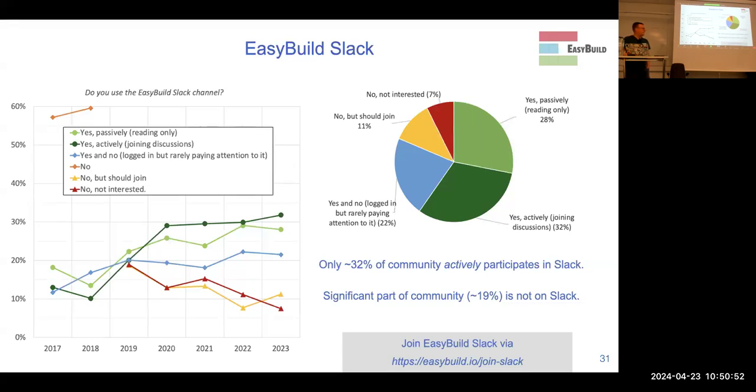Then in Slack, this is the main hub, let's say, where you can get in touch with the EasyBuild community. Many people are on there. So everything green and blue is actively in the EasyBuild Slack, but maybe not paying attention to it or participating in discussions.